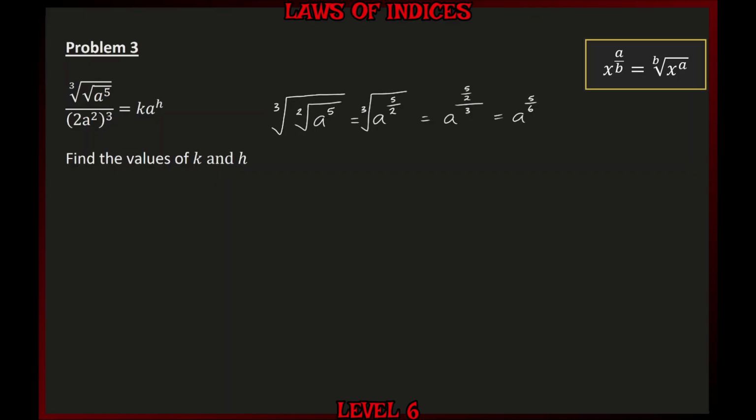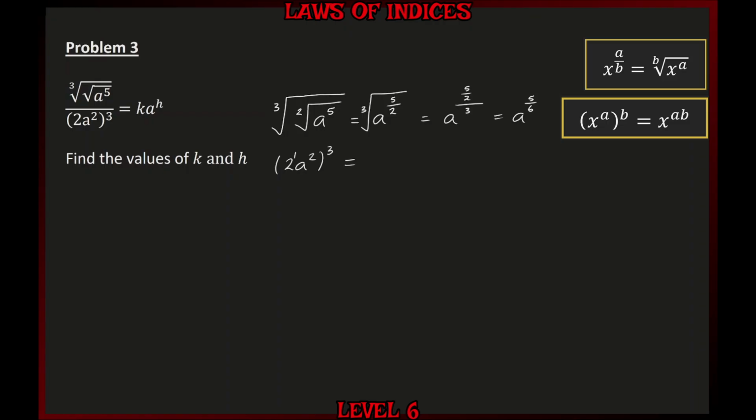Looking at our denominator, we have 2a squared raised to the power of 3. Rewriting the 2 as 2 to the power of 1 allows us to see that we're raising powers to powers here. So we can use this law, which tells us that to simplify, we need to multiply the powers together.